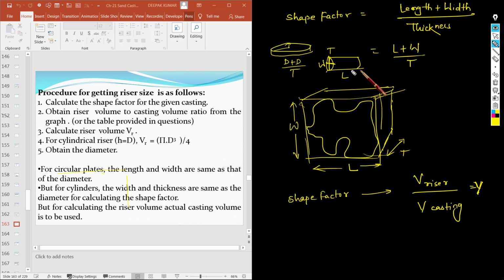So W and T in case of a cylinder, very important: the shape factor for a cylinder is equal to the length of the cylinder plus width D divided by T. This is for a circular plate: S of circle is equal to D plus D by T. But for calculating the riser volume, the actual casting volume is to be used. So we have to use the actual volume.